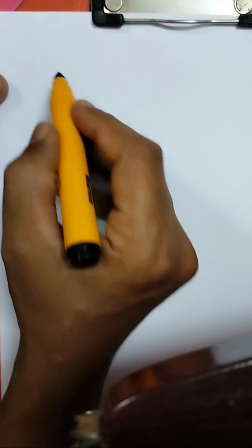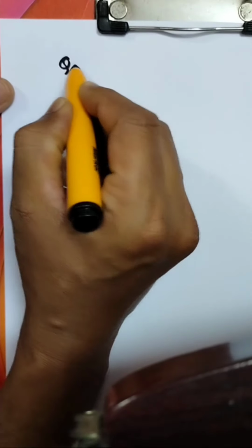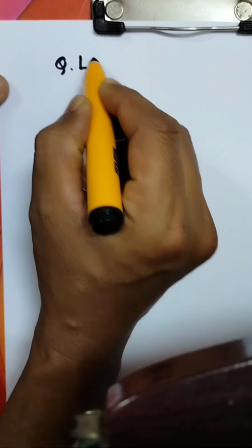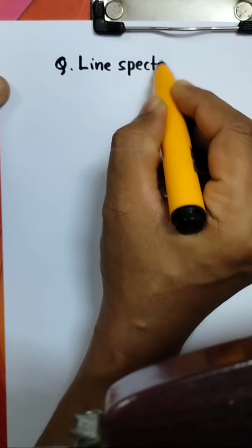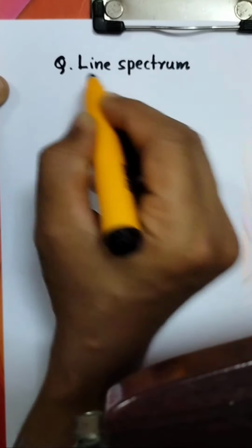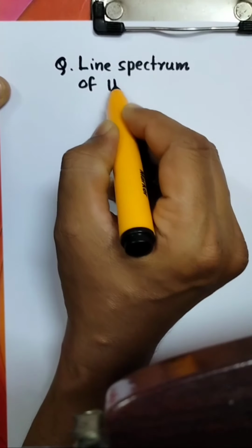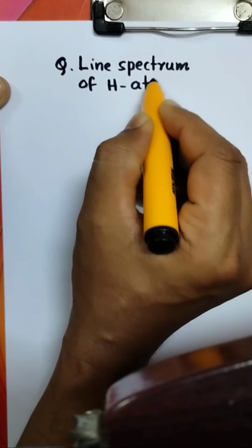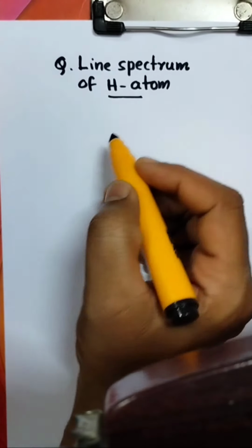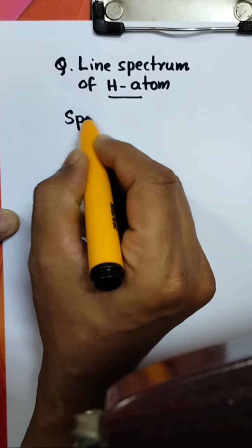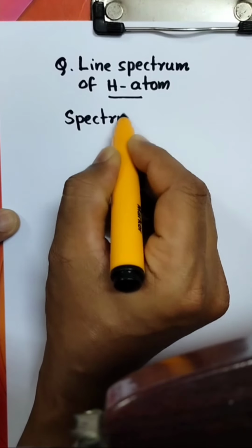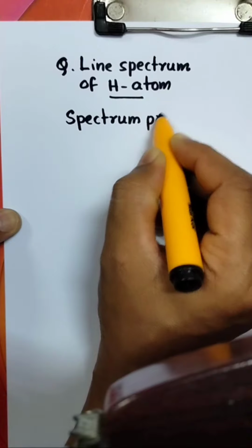Okay. Our next question. Line spectrum of hydrogen atom. Spectrum produced by hydrogen atom is called hydrogen spectrum.